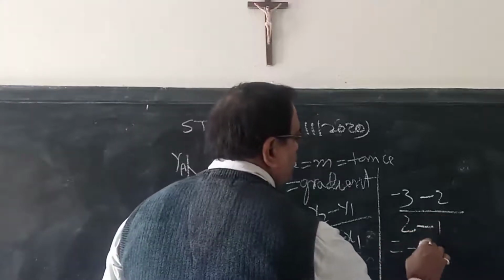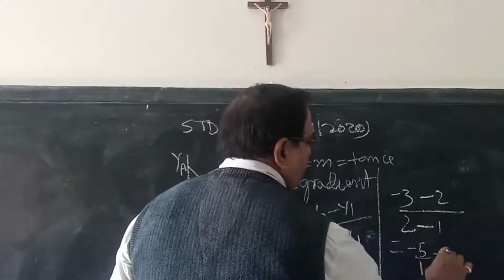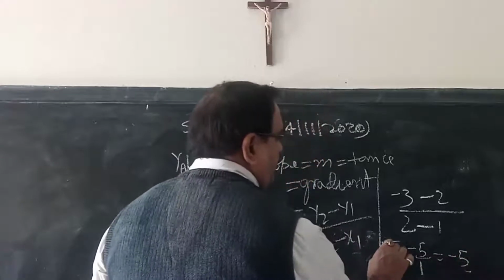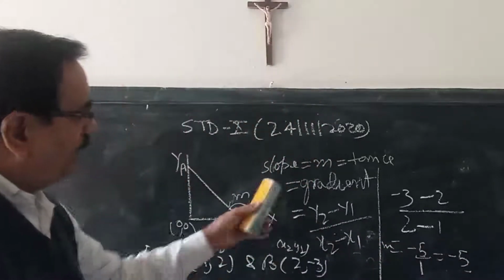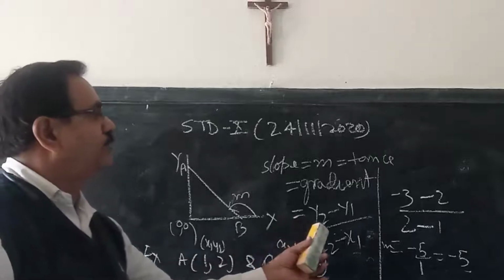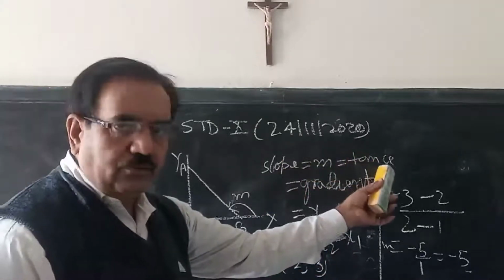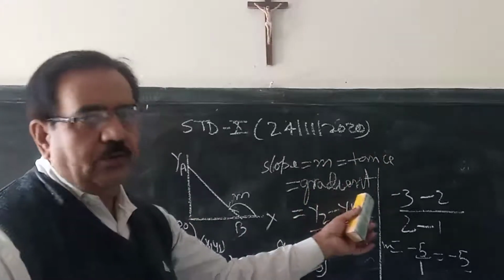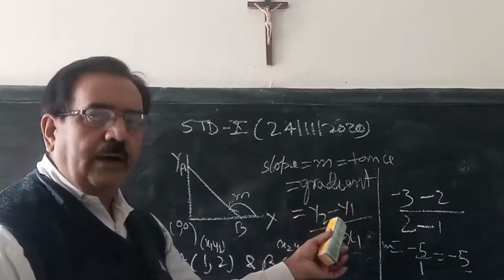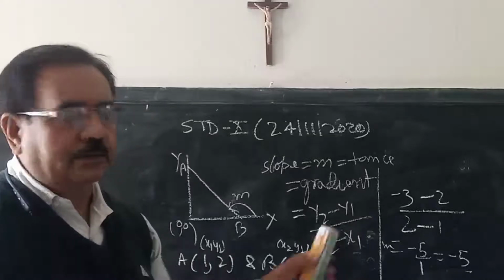What is the slope? Minus 5 by 1, that is minus 5. So the slope is minus 5. When two coordinates are given, we use this form to find the slope. So slope m is also known as tan theta, also known as gradient, and that is y2 minus y1 by x2 minus x1.